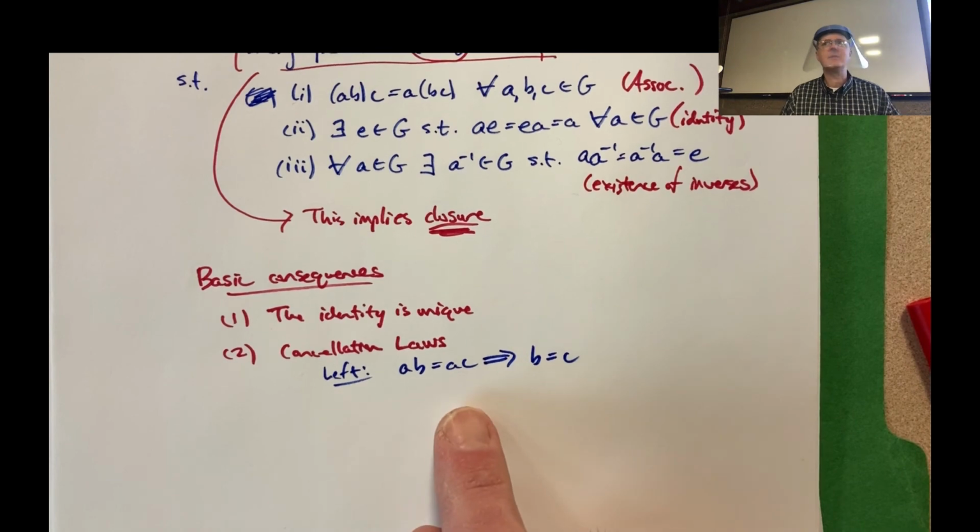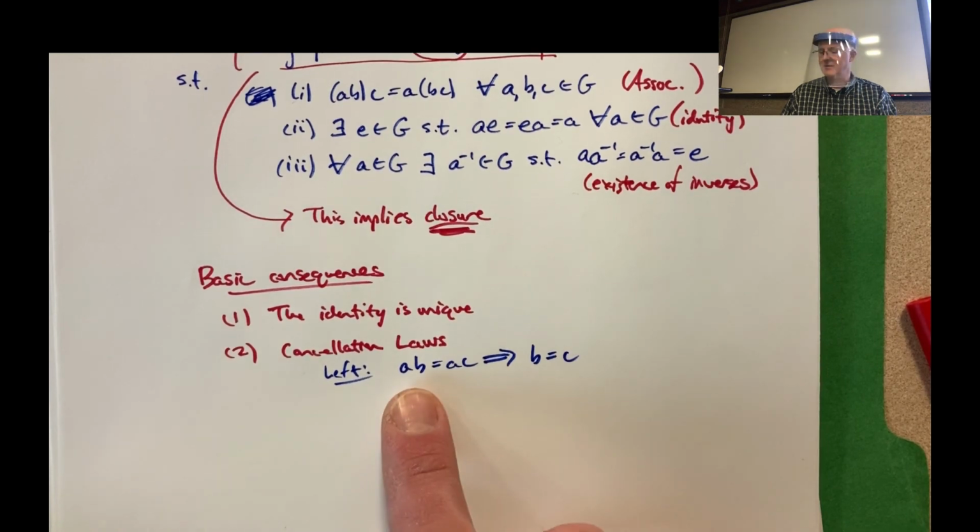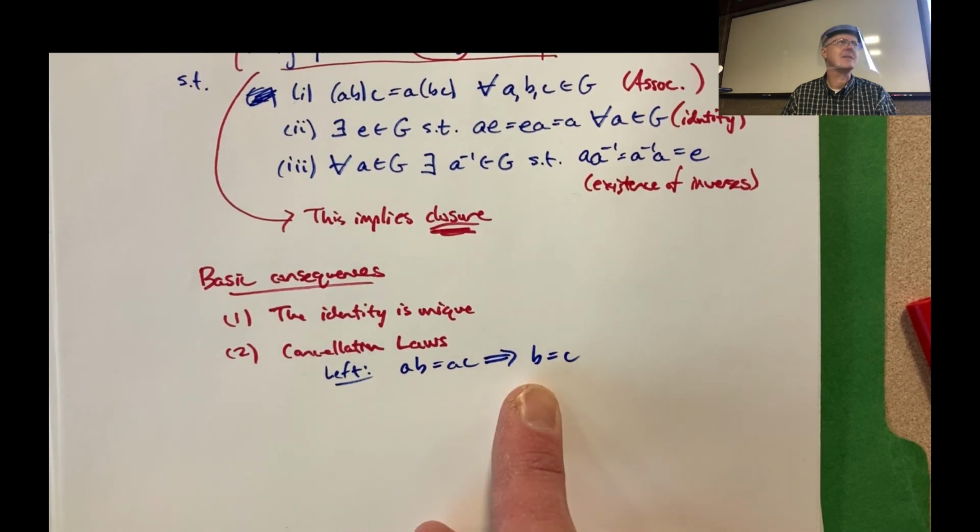You've done that kind of thing with matrix algebra before. If you pretend these things are matrices, what would you do to verify that? Assume that's true. What would you multiply by on the left to verify this?